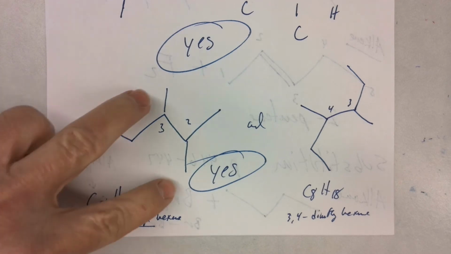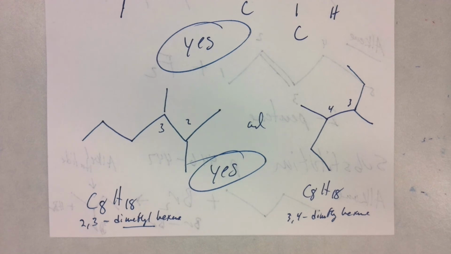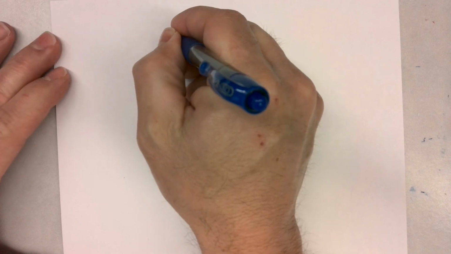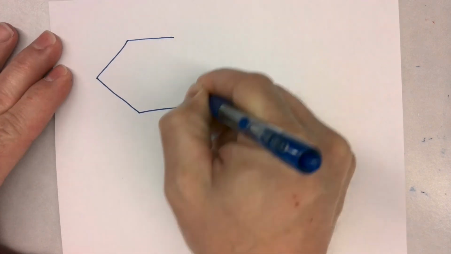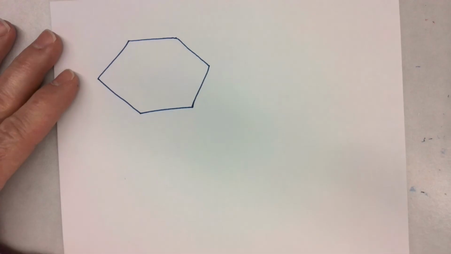How did I know those branches were methyl branches? There's only one carbon in it, right? So I'm going to find my branches, and then tell how many carbons there are, okay? So let's say I did this.